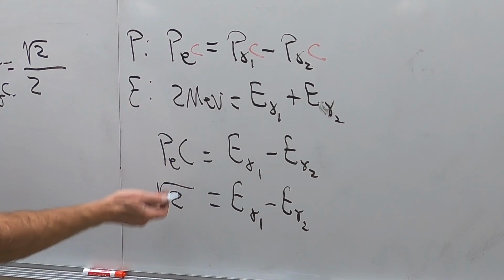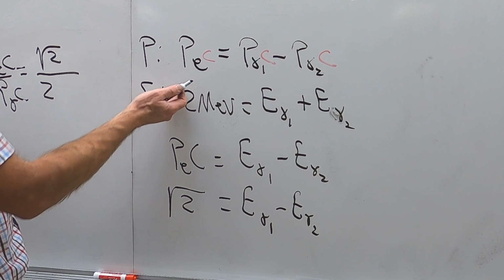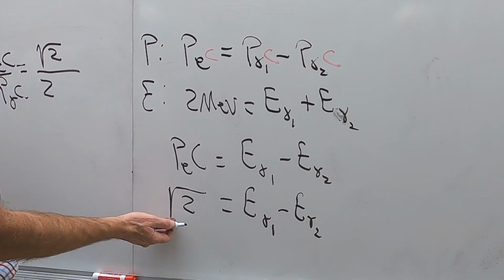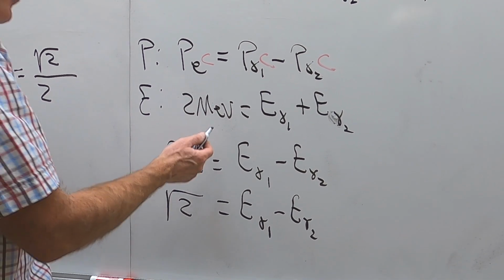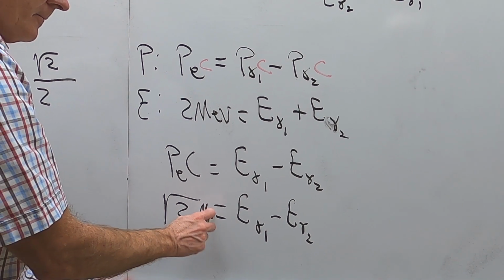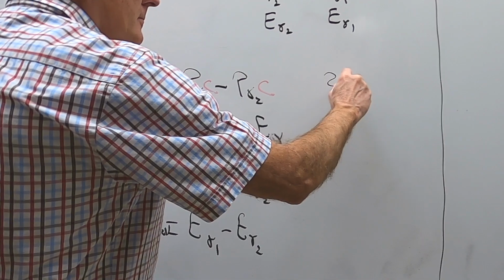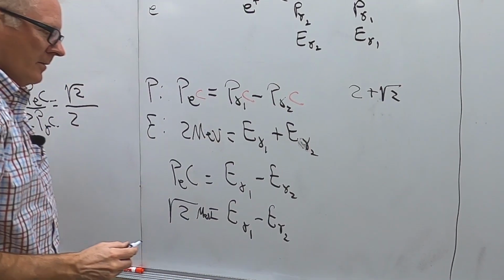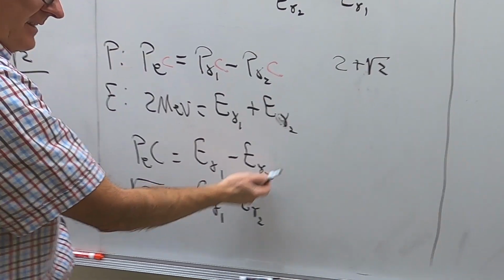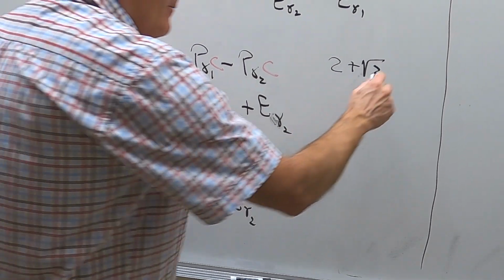So now let's add these two equations. This is in MeV. If you add these, you just get 2 plus the square root of 2. And if we add the right-hand side, these are gone, and you get 2 E gamma 1.